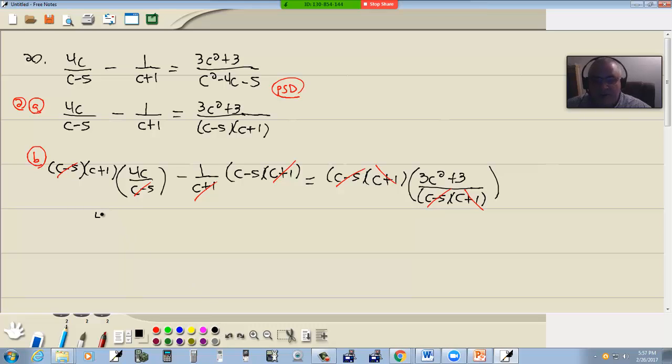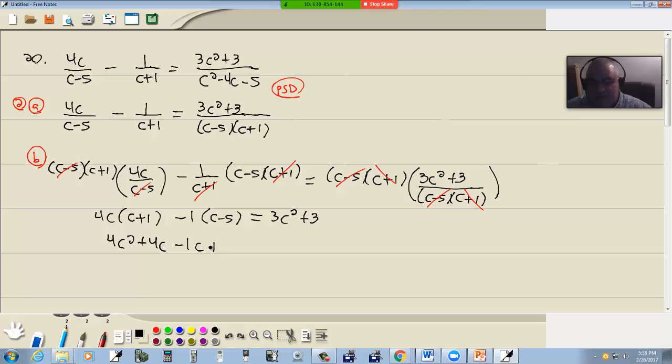So we're left with 4c times c plus 1 minus 1 times c minus 5. And over on this side we got 3c squared plus 3. Now 4c times c is 4c squared. 4c times 1 is 4c. Negative 1 times c is negative 1c.